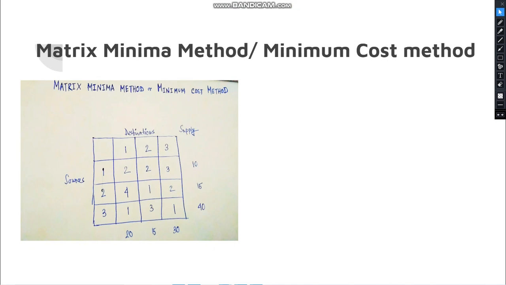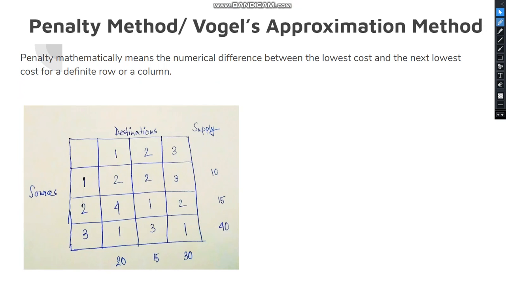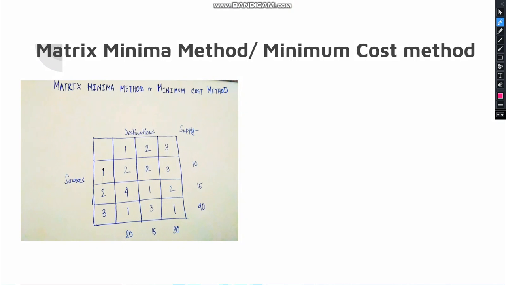But for the matrix minima method, it is not as simple as it was earlier. For this problem, you have to remember this thing. Focus on this word, minimum cost method.